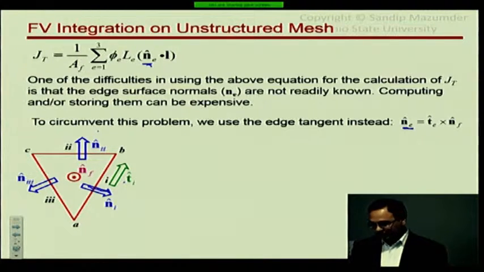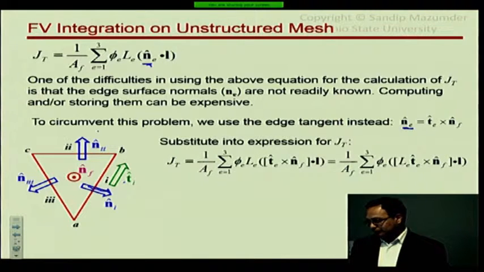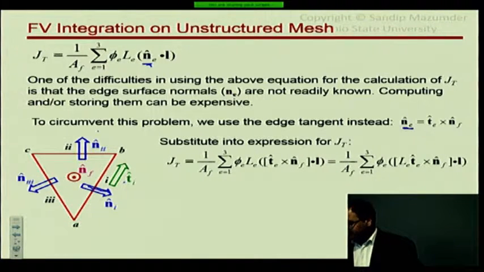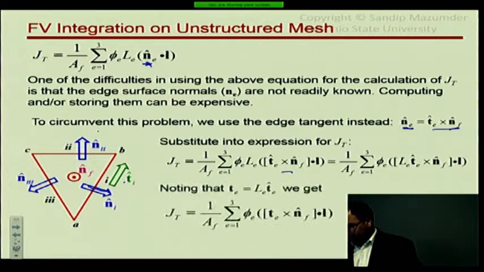So if I plug that expression in there, instead of NE, now I can do some manipulations. Now TE is the length of that edge times the unit tangent of that edge. So this LE times TE right here is nothing but the actual tangent at that edge with the full length.